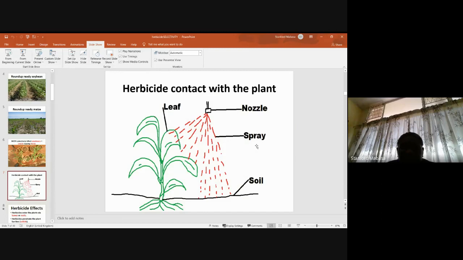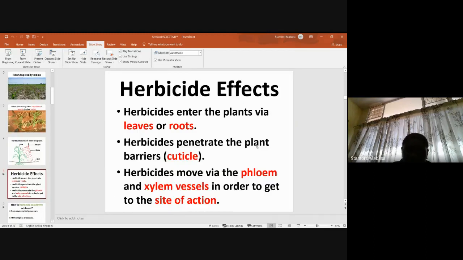Now we have the herbicide which is applied to the plant via the nozzle. Now the chemical can go directly through the leaves, or it can go via the roots. So herbicide effects: the herbicides can enter the plants via the leaves or the roots.